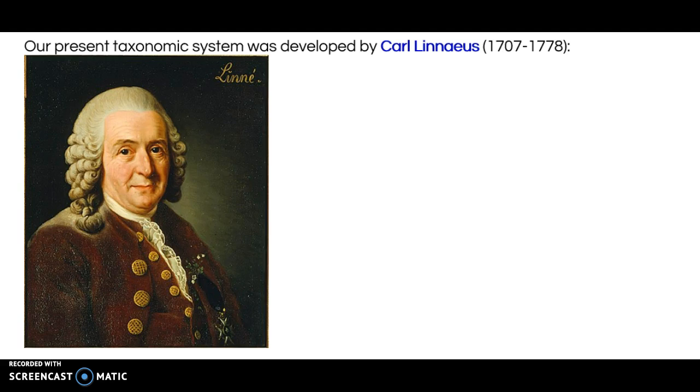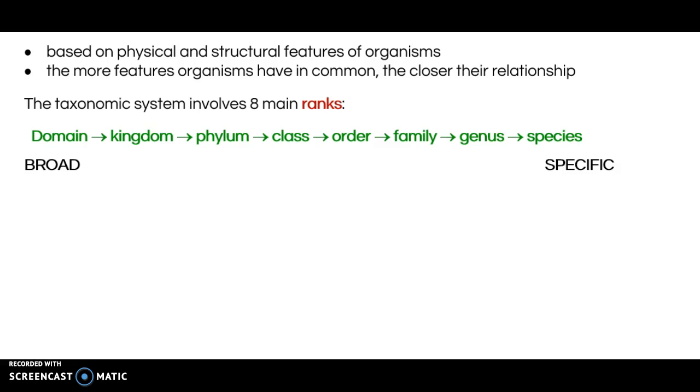And so who came up with all this? Who set the rules for how we organize, name, and classify organisms? Well, it's this guy. His name is Carl Linnaeus, and he was an 18th century scientist who developed our taxonomic system. As you can imagine, in the 18th century there wasn't a whole lot of technology.